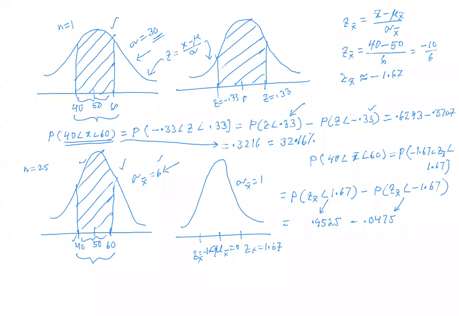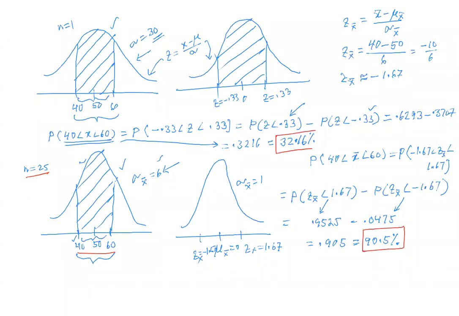So 0.9525 minus 0.0475 is 0.905, or a 90.5% chance. Now look, for the sampling distribution with sample size 25, the probability that the average of 25 people falls between 40 and 60 minutes on social media is way higher than for one person.